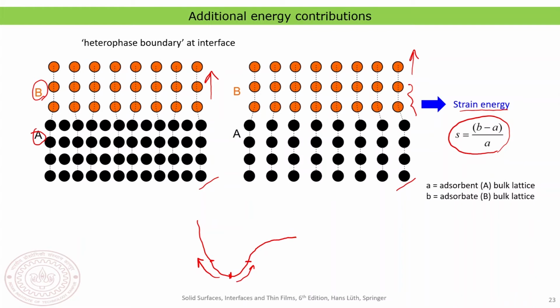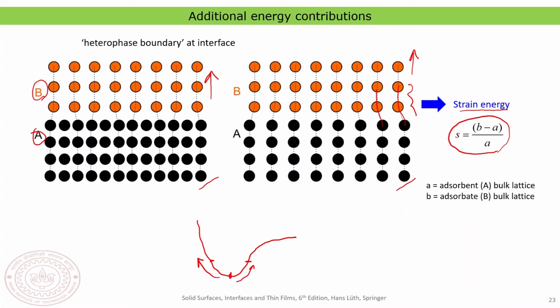You already see that at the interface there are variations in the atoms and their arrangement, because at the interface you have the highest strain energy deposited, and then as the layer thickness increases, the energy decreases. But of course you cannot have a very large strain energy, because if it is very large, it negatively contributes to the adsorption energy.